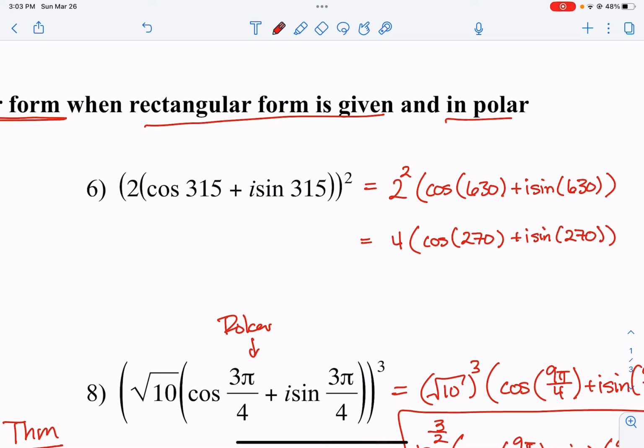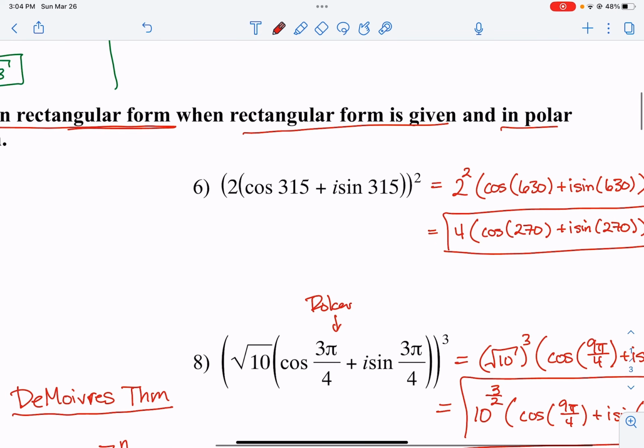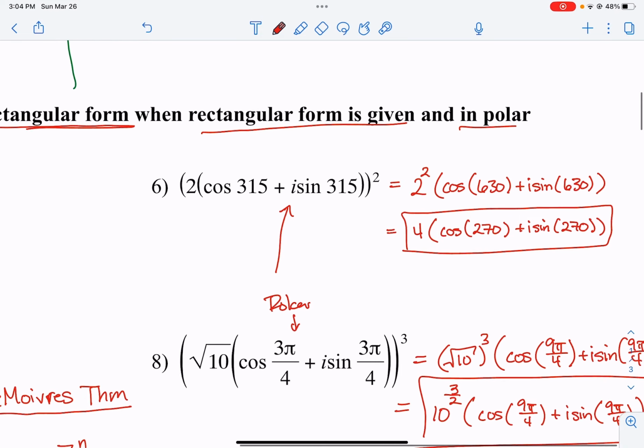We can subtract 360 because it doesn't change the output of cosine or sine. Remember, those are the x and y coordinates on the unit circle. If you go around 360, you end up right back where you started. So we are allowed to do this, and it doesn't change the value. So this is our new complex number in polar form, because we were given polar form as well. That's what we wanted.